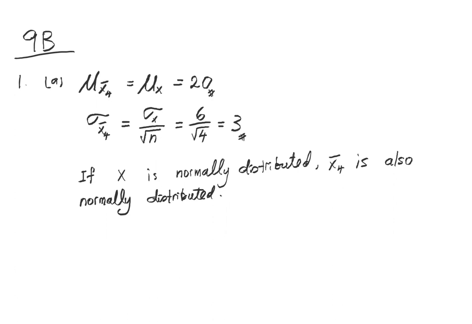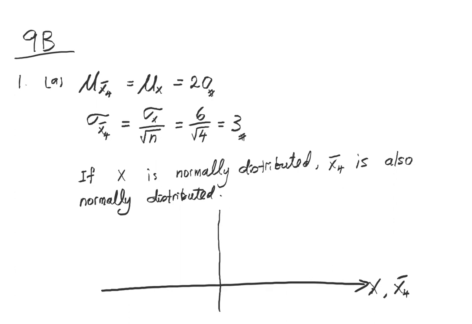This is the graph of X and X bar 4 on the same axis. So my variable can be X or X bar 4. So how to do it? Can you please try to sketch?